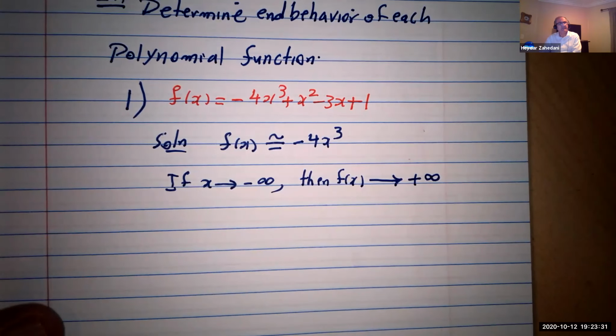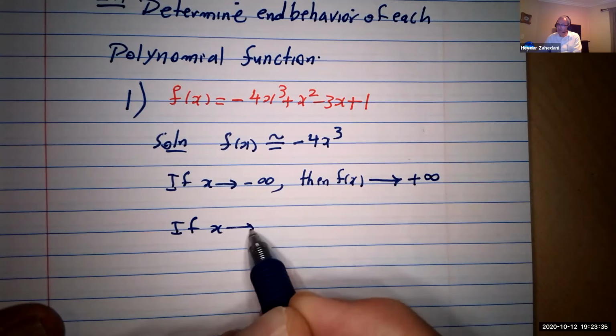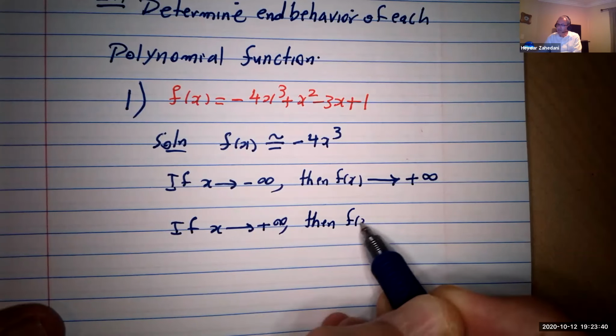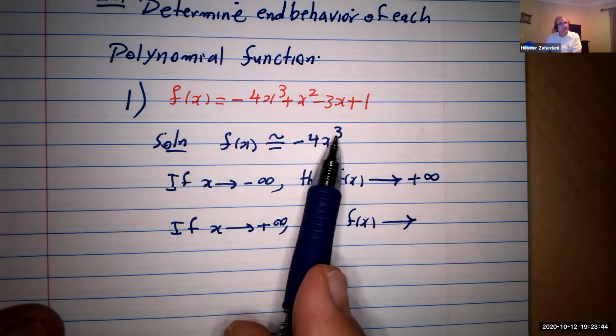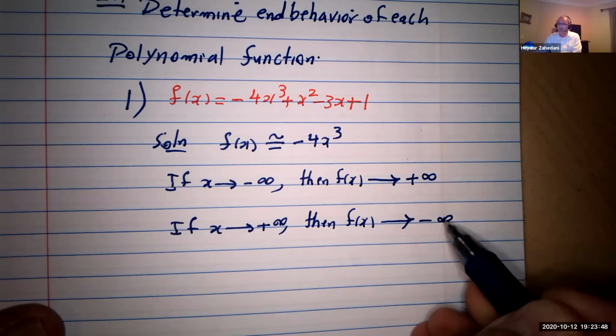Any question? The other way around, if x goes to positive infinity, then f of x goes to, again, positive to the third would be positive, but there is a negative outside, making it negative infinity.